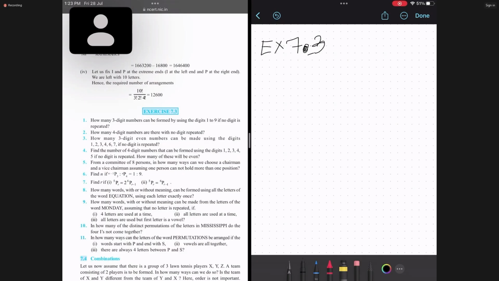The way we approach such questions is to first calculate all the distinct permutations of the word Mississippi, and from this we subtract all those permutations where all the 4 I's are together, correct? That is how we are going to solve this question.